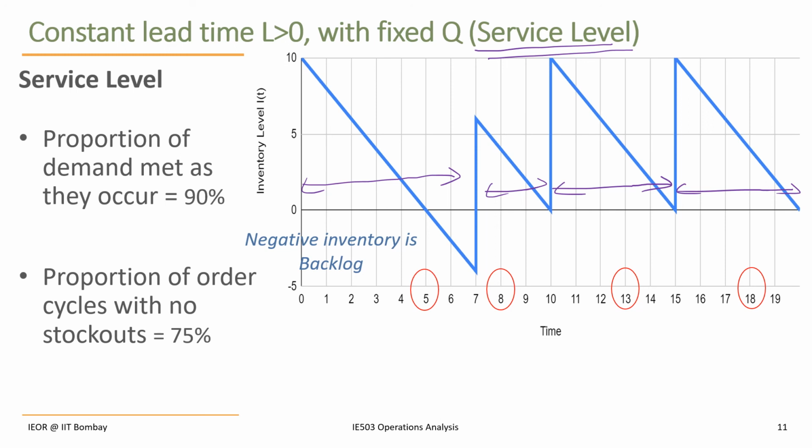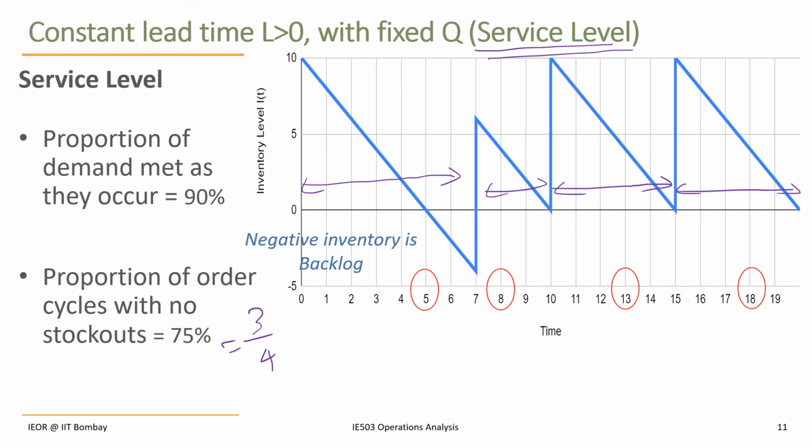Out of these 4 order cycles, 1 order cycle had backlogs, so 3 order cycles did not have any backlogs. That means whenever there is customer demand, say during time period 9, 10, 11, any time period after 7, I was able to immediately fulfill any customer demand that occurred. But in this first order cycle, we are not able to do that. So the proportion of order cycles with no stockouts is 3 by 4, which is 75%.